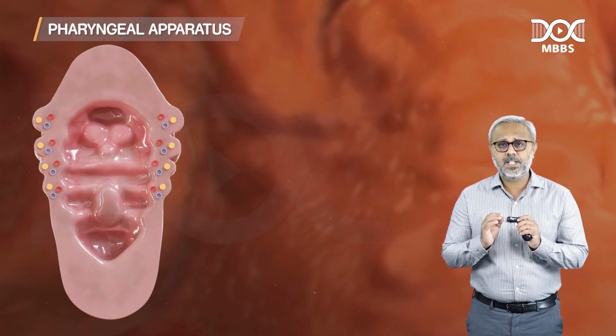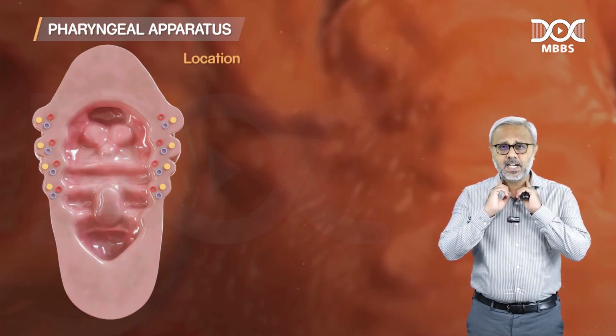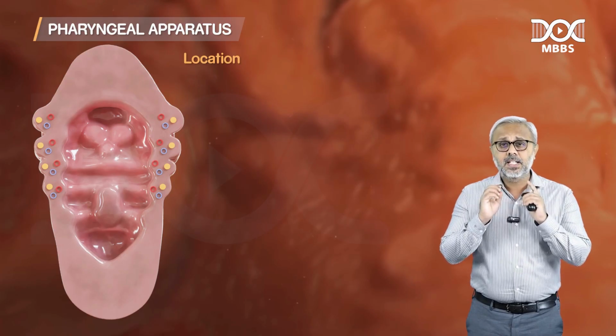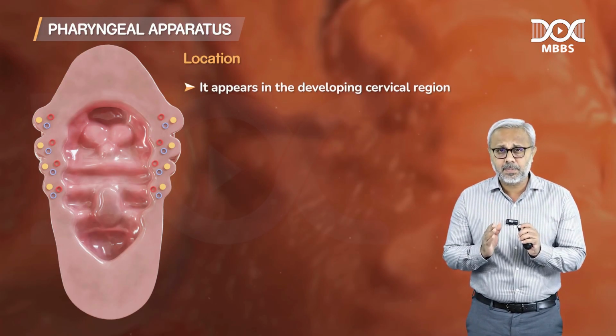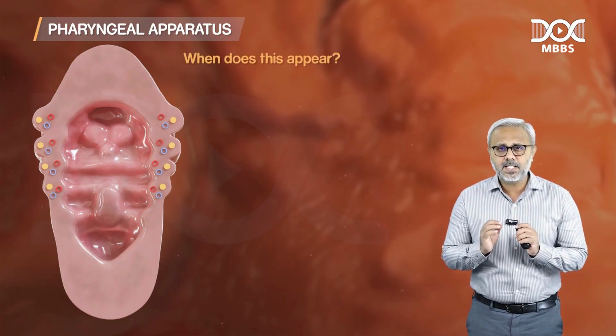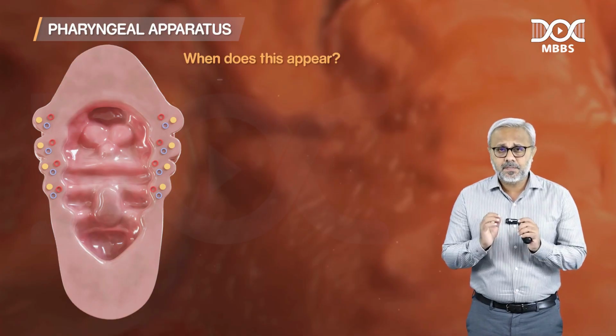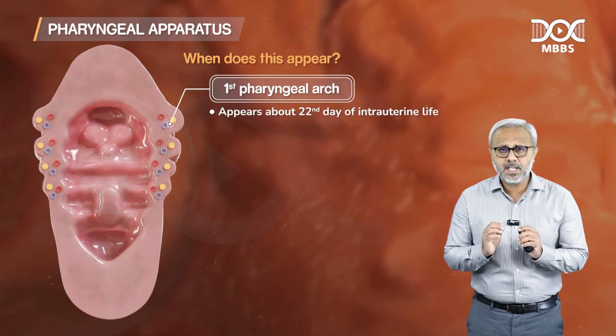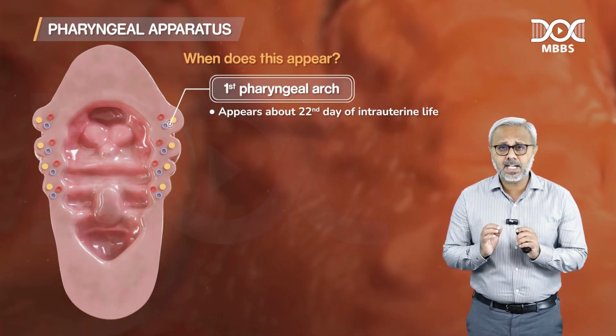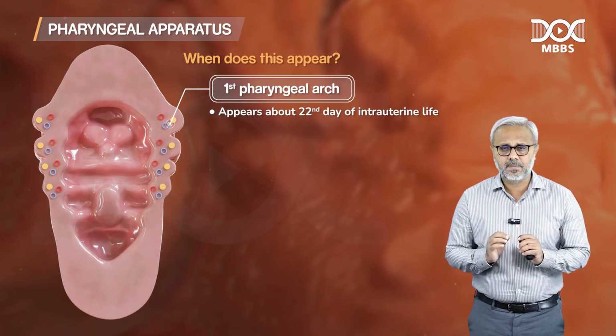So, the first thing we need to understand is where exactly the pharyngeal apparatus appears. This appears in the developing cervical region surrounding the primitive pharynx. When do these appear? The first pharyngeal arch, which is a component of the pharyngeal apparatus, appears at about the 22nd day of intrauterine life.